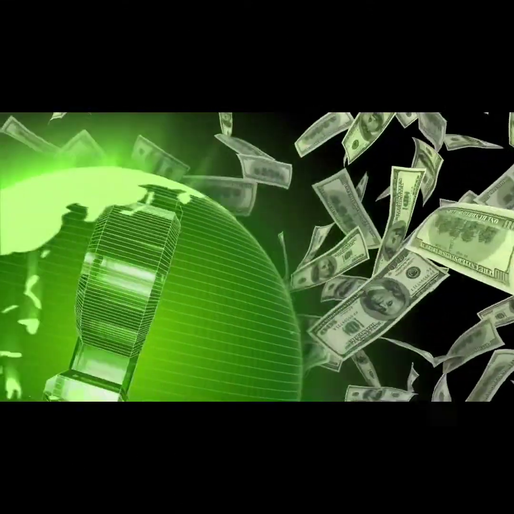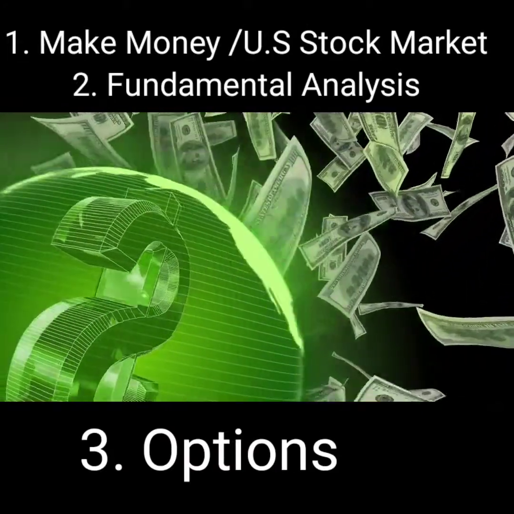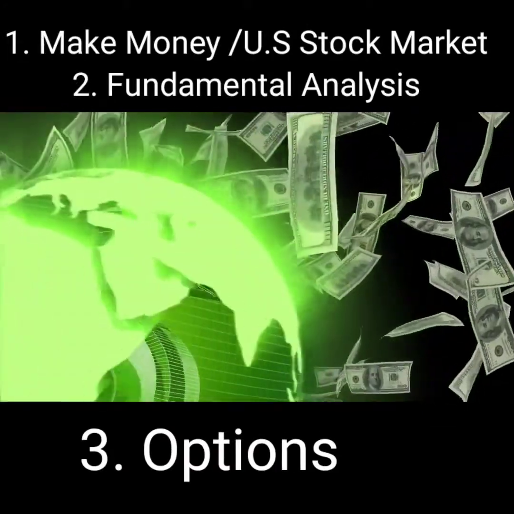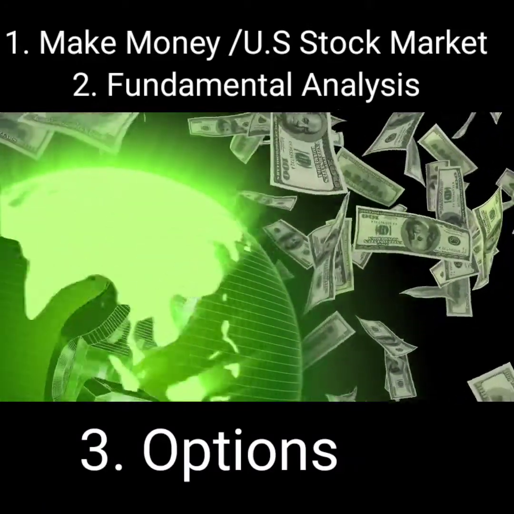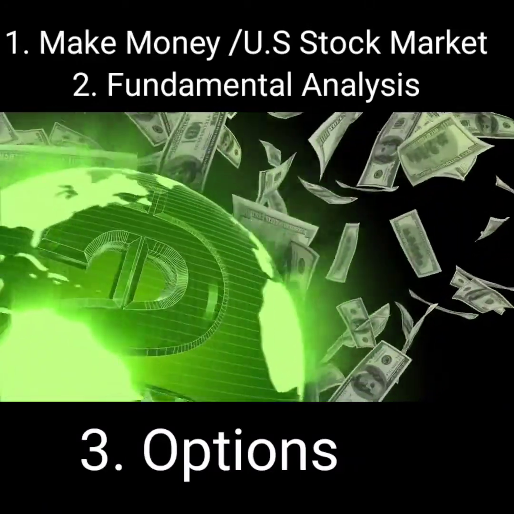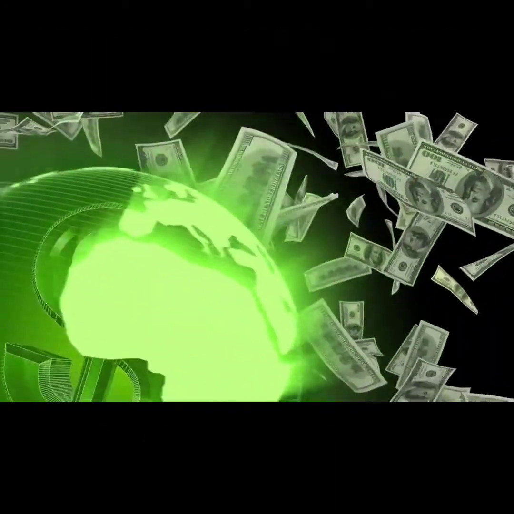And with that being said, there are a couple of things that we're going to go over today. We're going to talk about how to make money in the US stock market using fundamental analysis for options, amongst other things, because there are other things that I'll touch on during this video.